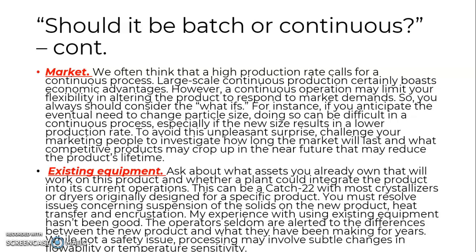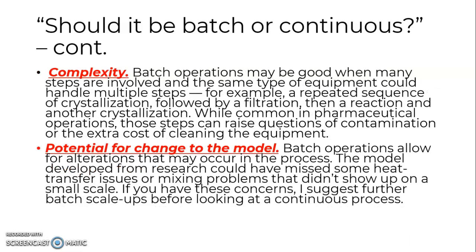Okay, and then the other factor is existing equipment. And then what else? Complexity. Batch operation may be good when many steps are involved and the same type of equipment could handle multiple steps. But it is a bit difficult because we are afraid of contamination or for safety reasons.